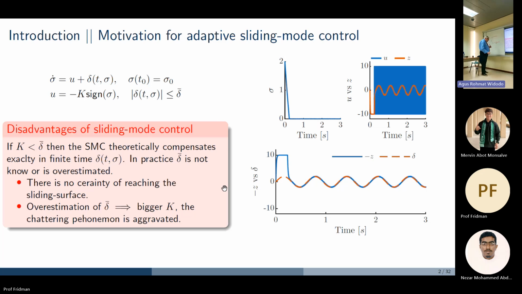This alpha should be more or less near to your perturbation. If it is so, you will have less possible chattering. Is it clear? I need to follow the perturbation, I need to follow what I don't know. So how to do it?